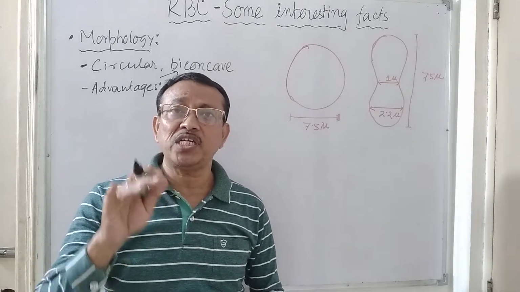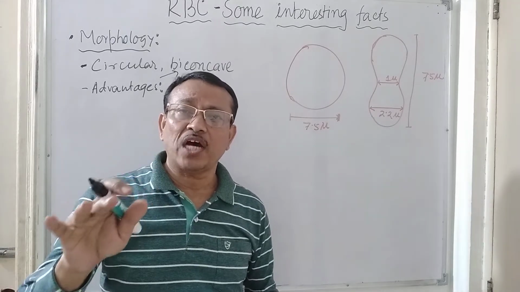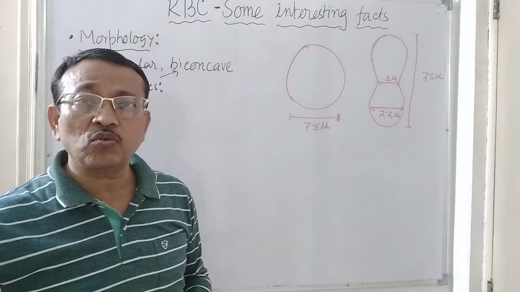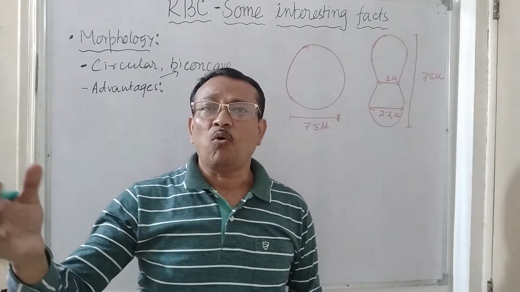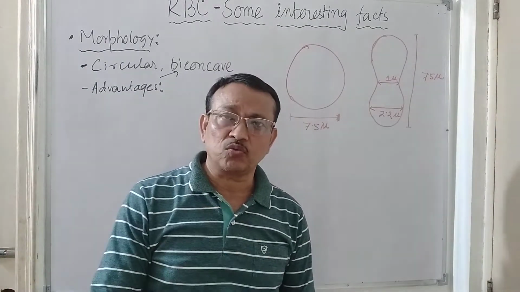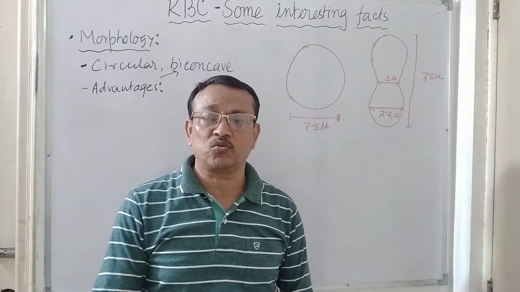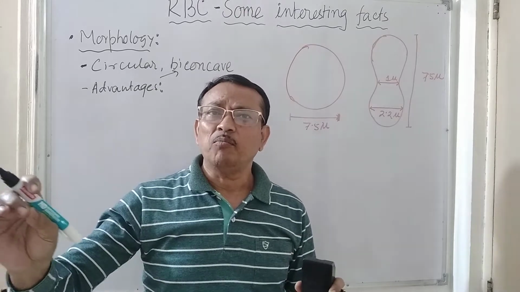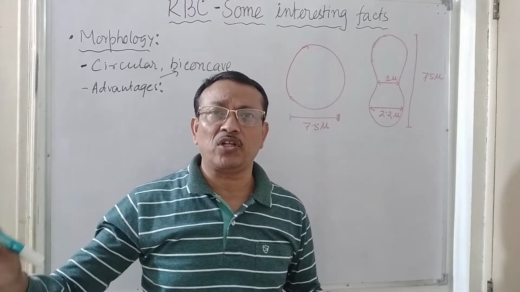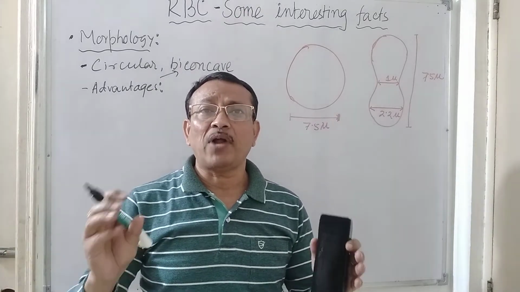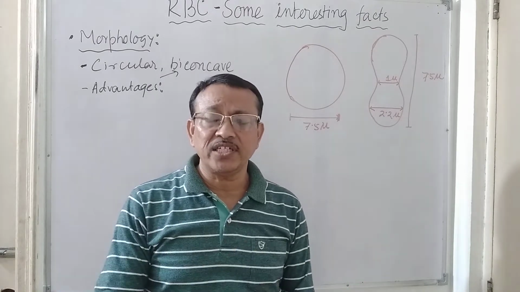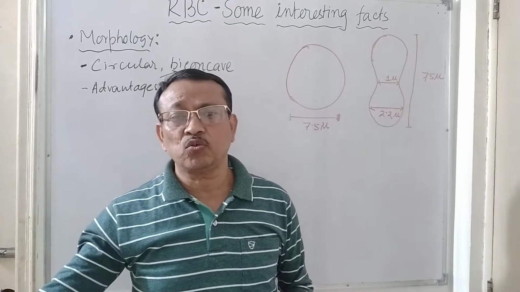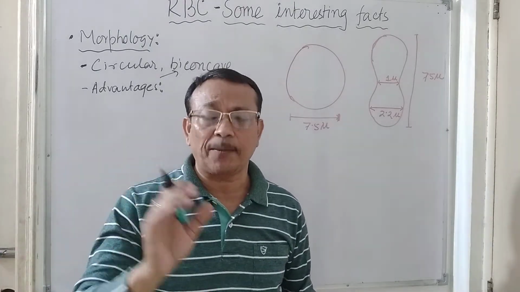That means RBC has to pass through the narrow blood capillaries to supply the oxygen to the tissues and to collect the carbon dioxide from the tissues, at the most peripheral part of the body.